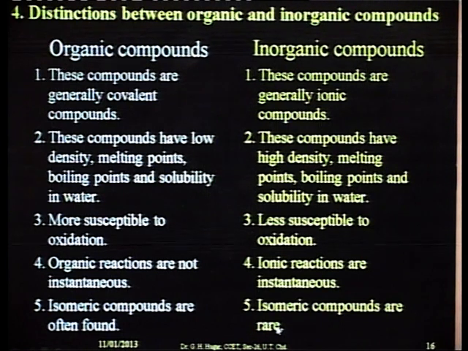There are some cases wherein you can have isomerism in complex compounds, but the detailed study is beyond the scope, so I am just skipping. Therefore, you have to remember only the differences between organic compounds and inorganic compounds.